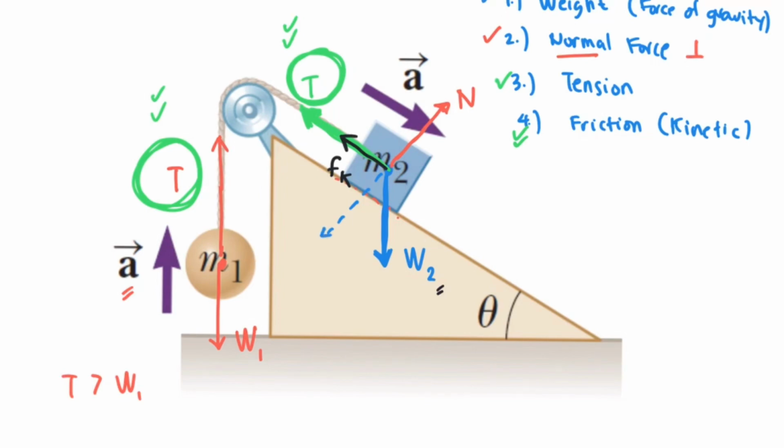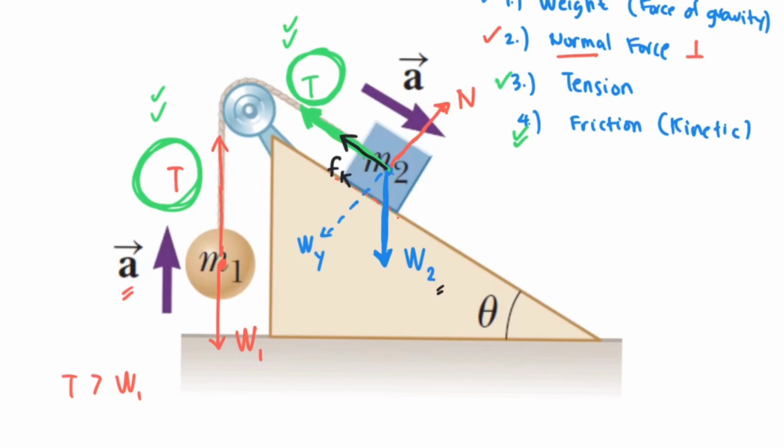So that is the y component of the weight, which I'm gonna call wy. And it also has an x component, and the x component of the weight would be opposite to the direction of the kinetic friction. So it would be along the direction of the acceleration. The acceleration is directed downward, so the x component of the weight would also be directed in that direction.